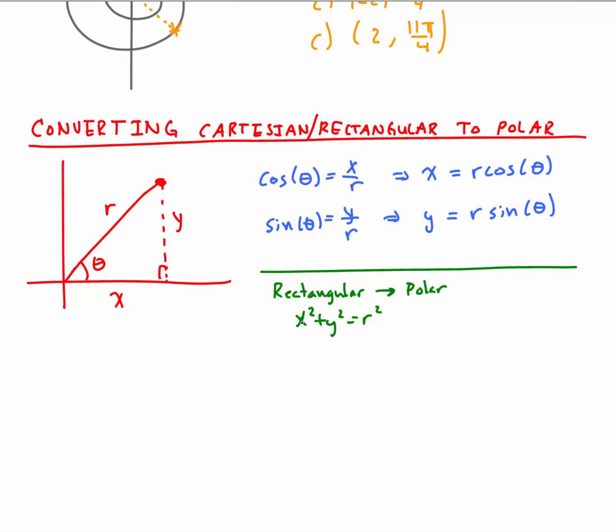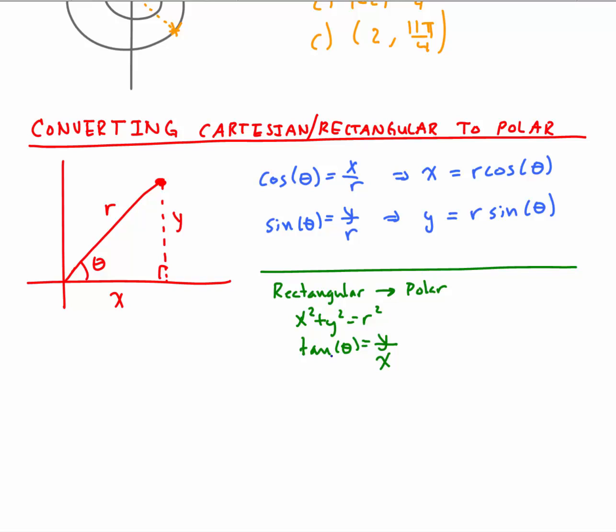And then we'd use a trig ratio. Tangent theta is equal to opposite over adjacent, so y over x. Now we could use sine or cosine here as well, but sine or cosine would be dependent on me finding r first, and if I found r incorrectly, then that would throw off those other trig ratios. So a lot of times we just like to go ahead and stick with tangent, but you could use sine or cosine here as well.